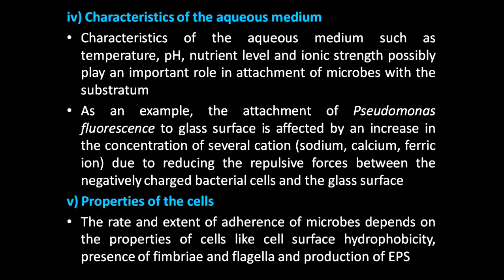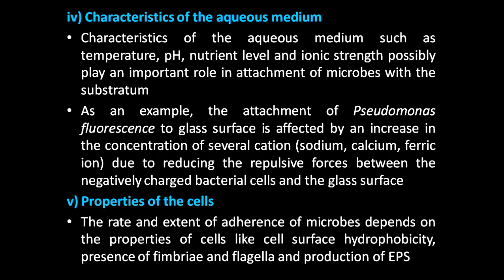The next is the characteristics of the aqueous medium. This includes the temperature, the pH, the nutrient level as well as ionic strength. These play an important role in the formation of the biofilm. For example, the attachment of Pseudomonas fluorescens to glass surface is affected by an increase in the concentration of several cations, sodium, calcium, ferric, due to reducing the repulsive forces between the negatively charged bacterial cells and the glass surfaces.